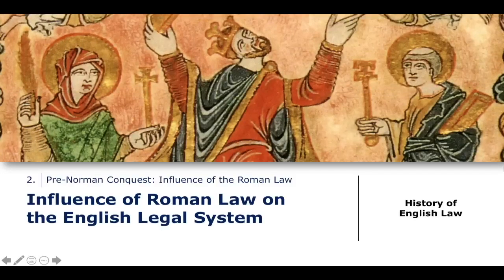In this lesson, what I want to do is spend some time talking about the influence and, more importantly, the legacy of the Roman legal system on the English legal system, and the sort of influence that was left when the Romans eventually leave Britain in 410 AD.